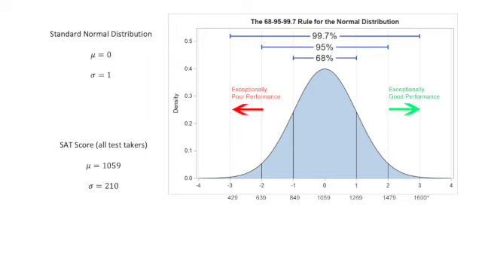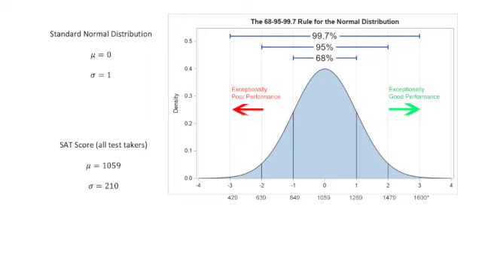Or to be an exceptionally good performer, you would have to be at 1479 or above, knowing then that about 95% of test takers are below you. So once again, you can think about that as statistical significance, being away from 95% of those observations, and the cutoff mark for the standard normal distribution is about the 2 standard deviation mark on both the negative side and on the positive side.